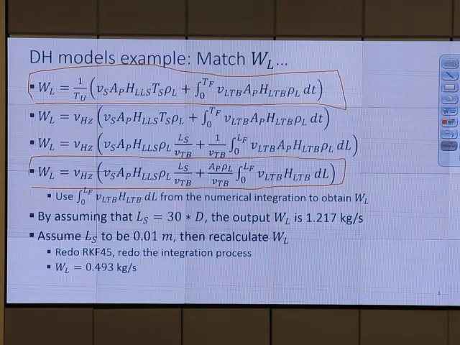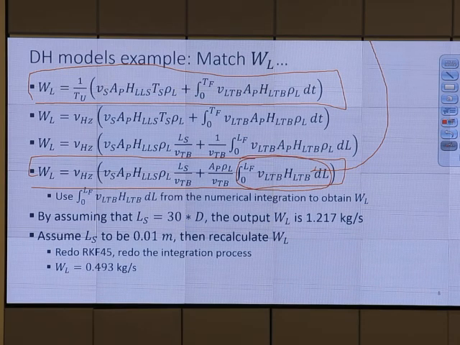Guess what? This part, I did the integration already. So I use that value from the previous slide, put it in over here, do the calculation, and then I get that, okay, if I assume LS equal to 30 diameters, the output WL is 1.217.